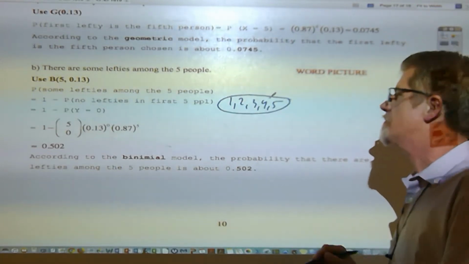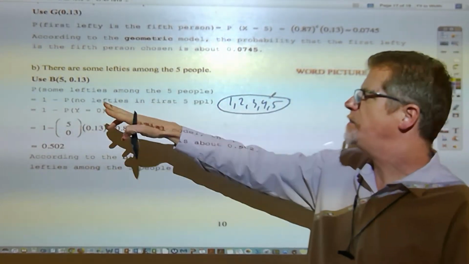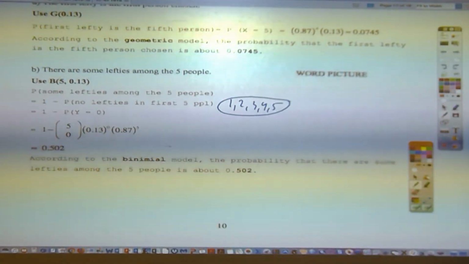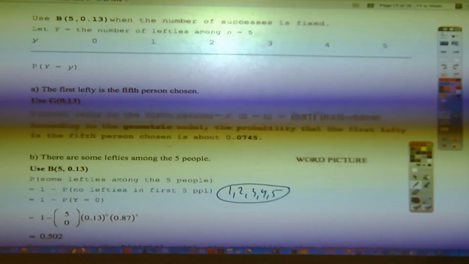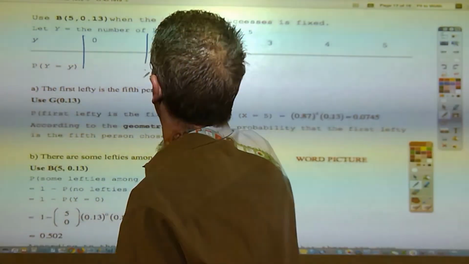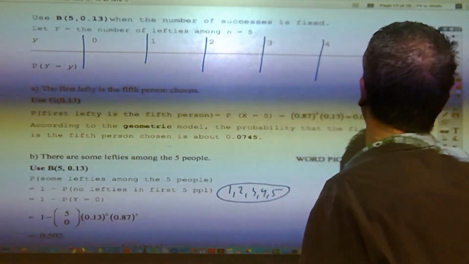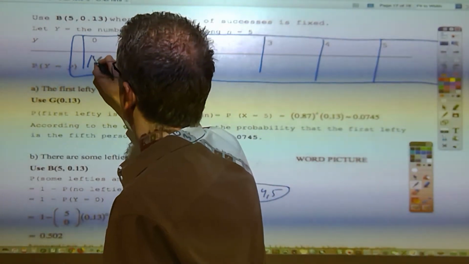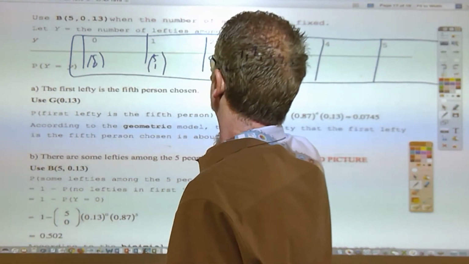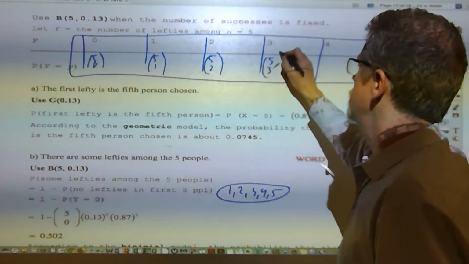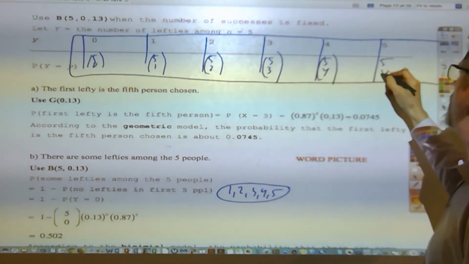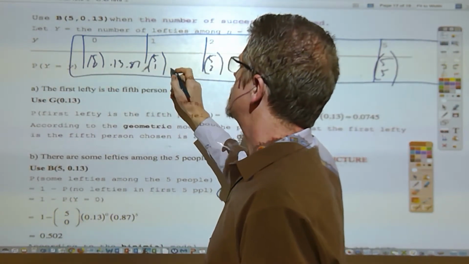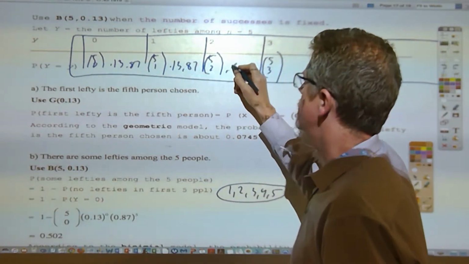Instead of adding up all 5 of those cells, why don't we just take 1 minus the probability that there's 0 lefties? So from the probability distribution, you would be expected to fill out the numbers that are in this box. You would be expected to go 5 choose 0, 5 choose 1, 5 choose 2, 5 choose 3, 5 choose 4, 5 choose 5, and then go 0.13, 0.87 for each.